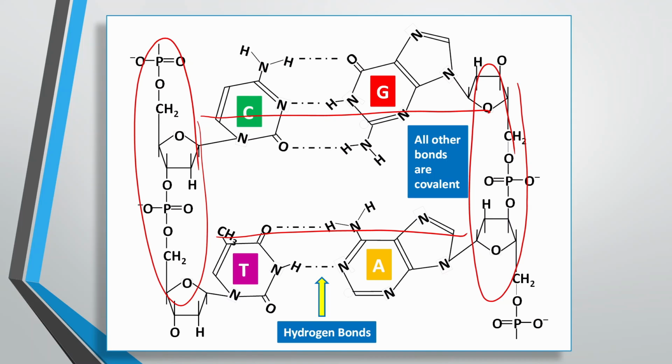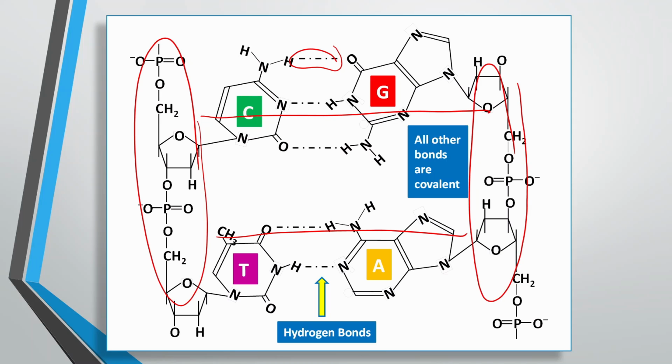The hydrogen bonds that hold the bases together I've indicated on this slide using these dots and dashes, all of those right there. And remember, all the rest of these bonds are covalent bonds. So DNA is basically two covalently bonded molecules held together in the middle by hydrogen bonds.